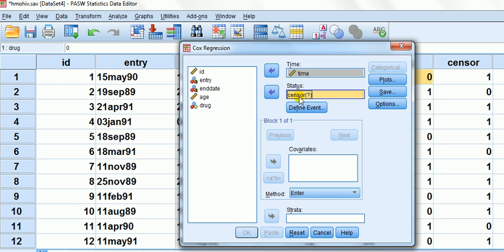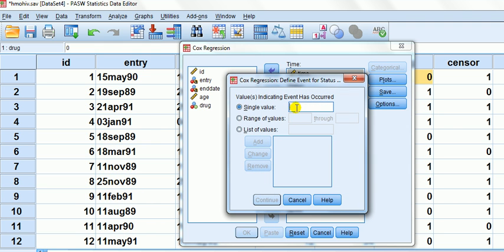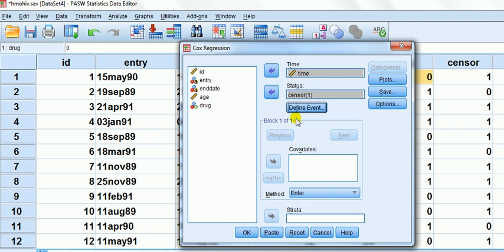Basically it's the thing that tells it whether it is a real event or not. So we've coded 1, meaning that it was actual death. Covariate, that's my x's. Reading around, you could see that it also goes by the name of explanatory variable, predictor. And we put in drug, coded 1 and 0.